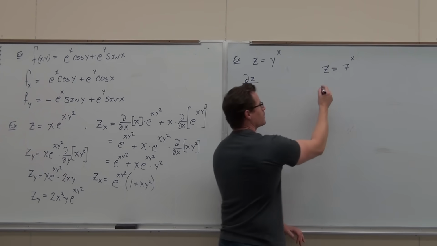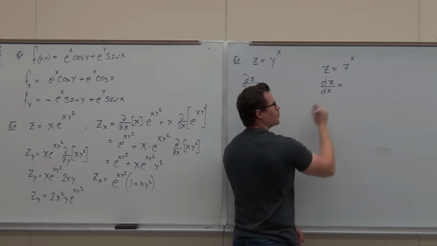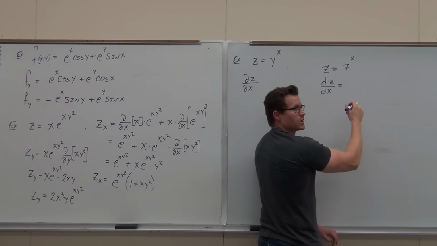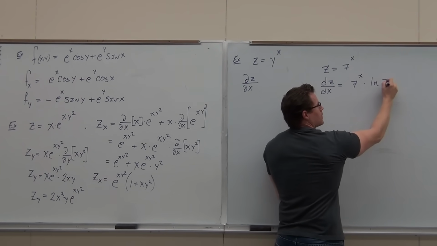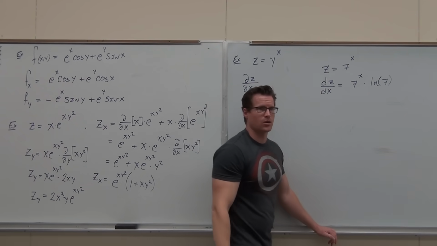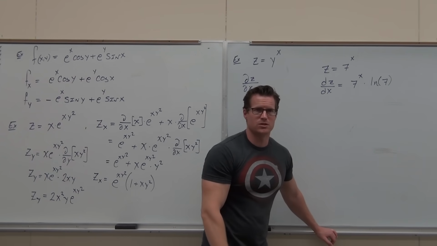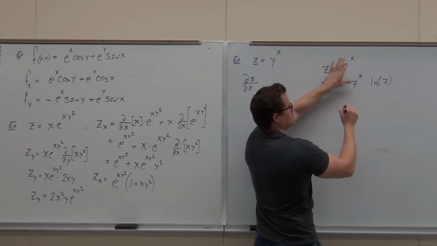If you do that, you go, okay, well, what's the derivative of z with respect to x? Well, that's an exponential. With exponentials, we get exponentials back times the natural log of that exponential. Do you recall that? You literally do the same thing with e. I promise you do. Watch. If that's an e, what's the derivative of x?